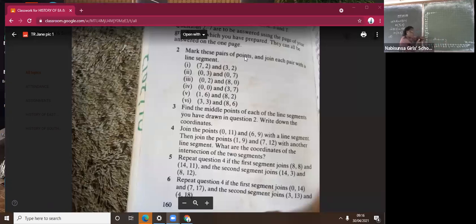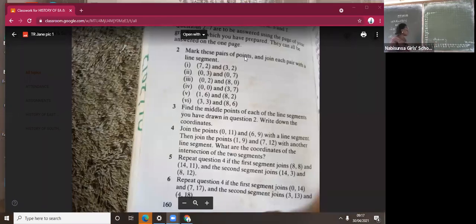Now, if we are to go halfway, how many steps across shall we go, and how many steps down shall we go? 4, 1. We had 8, 2. Now, if we are to go halfway, we are going to go 4 steps across and 1 step down. We locate the midpoint.